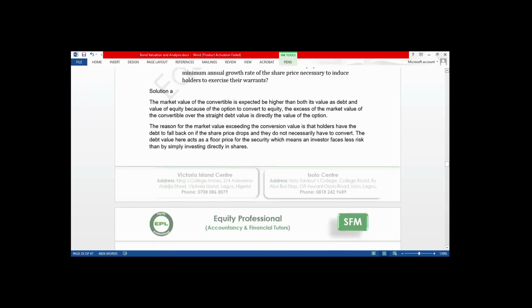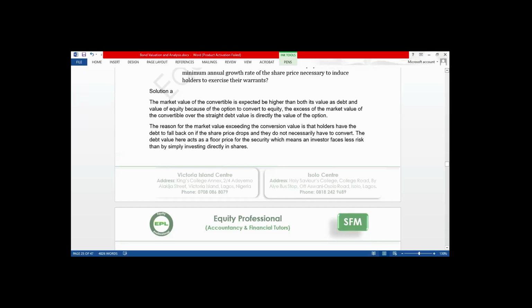Please look at the expected response to that aspect of A. You know, we computed value as a straight debt. We also determined the equity value as of today.